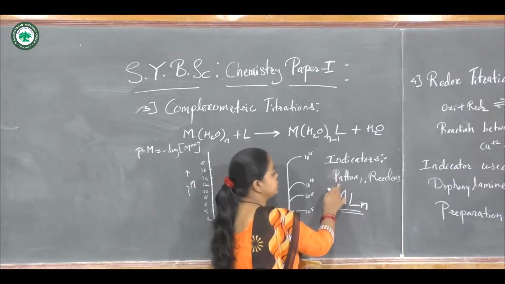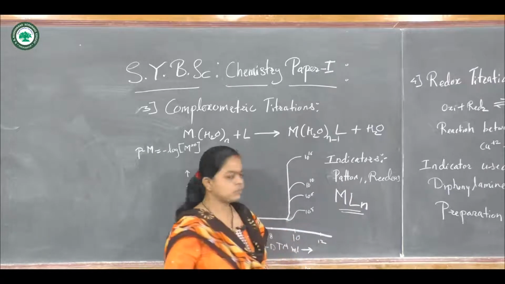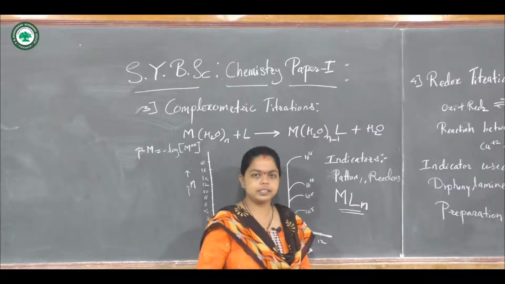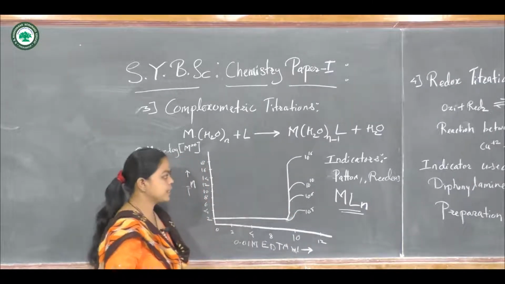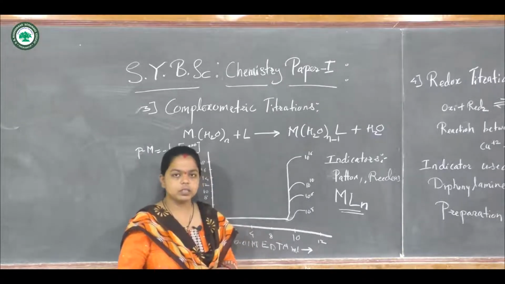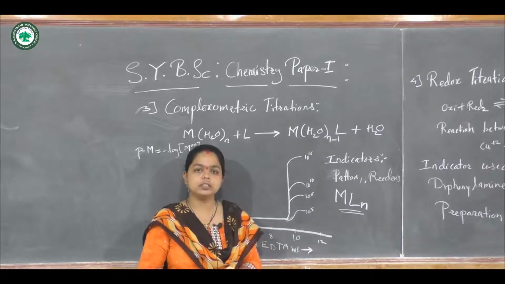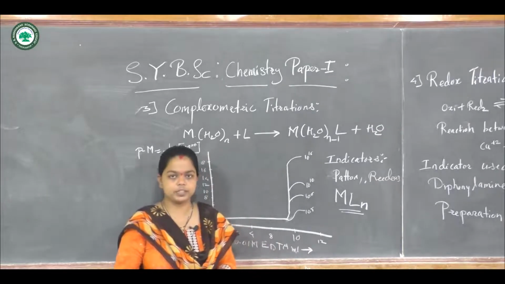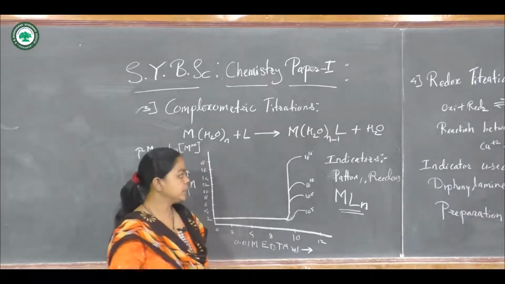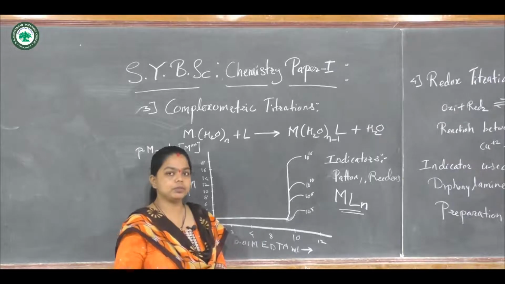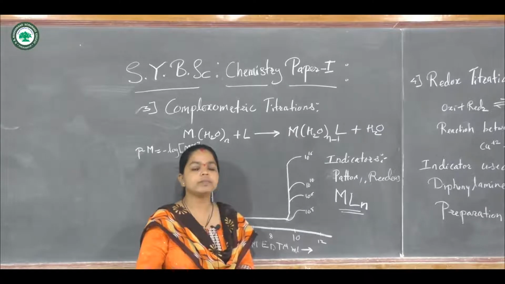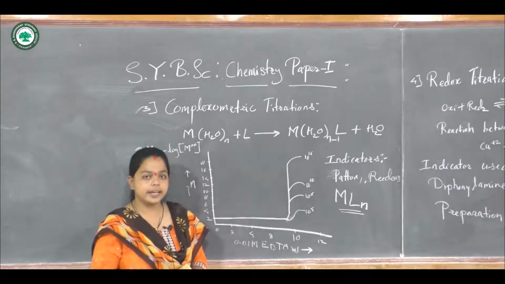Further, indicators like KMnO4 and potassium dichromate are strong oxidizing agents, we know that. So KMnO4 or potassium dichromate may be used in titrations where they act as the oxidizing agent.